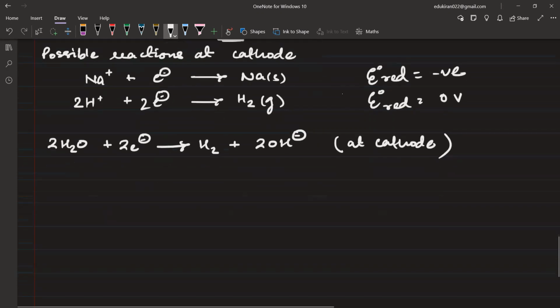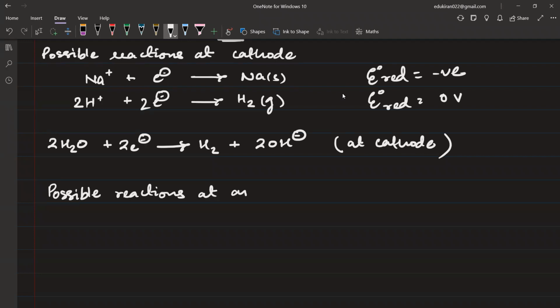अब देखिए यहाँ पे possible reactions at anode. Okay, we have Cl negative, or rather we have 2 Cl negative, is going to give you chlorine gas plus 2 electron, and we are going to get OH negative.